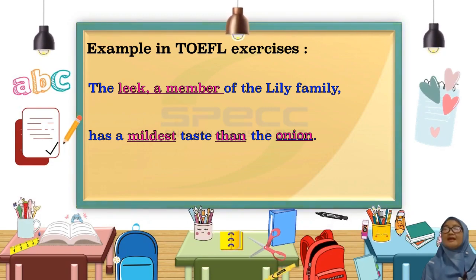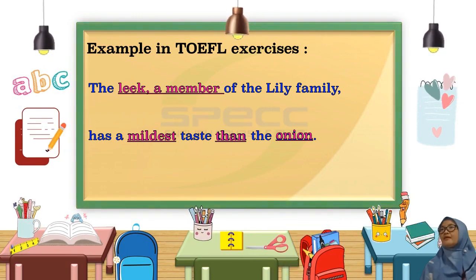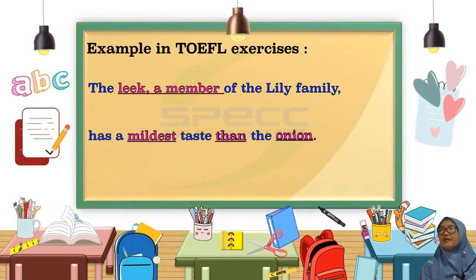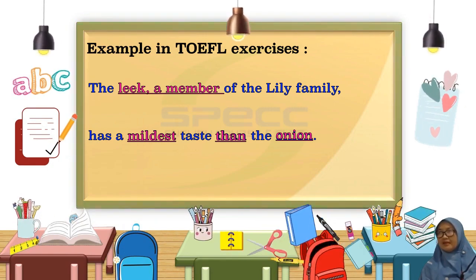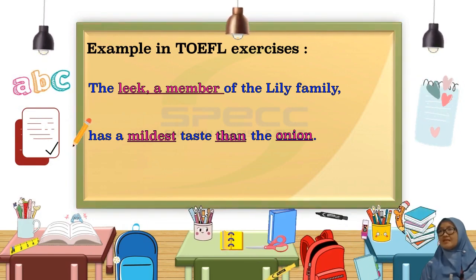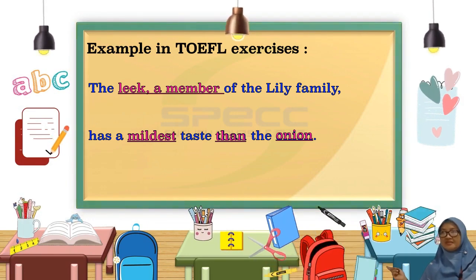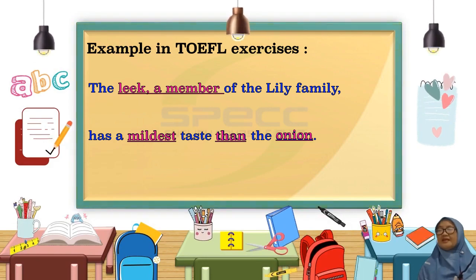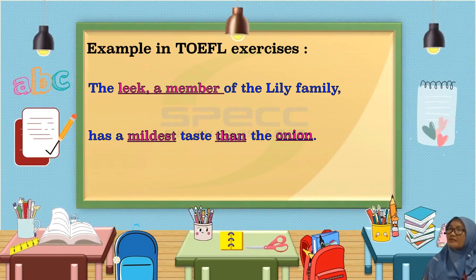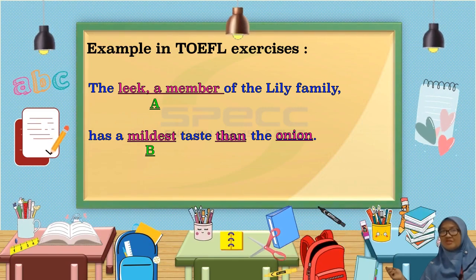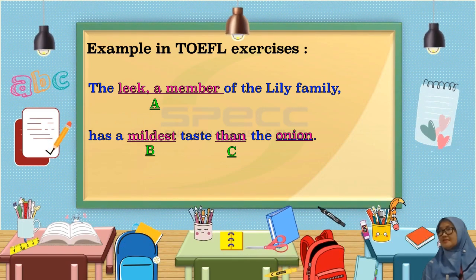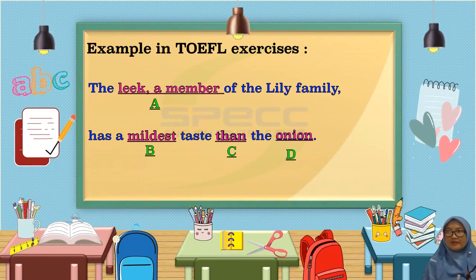Have a look at the example. The leek, a member of the lily family, has a mildest taste than the onion. Now, which part is wrong, or which part contains an error?